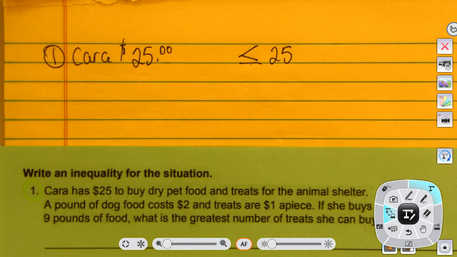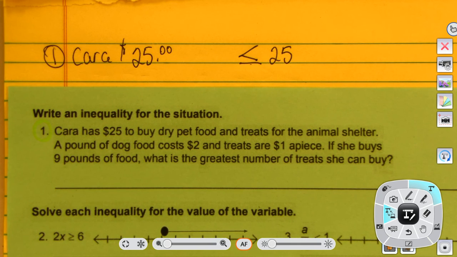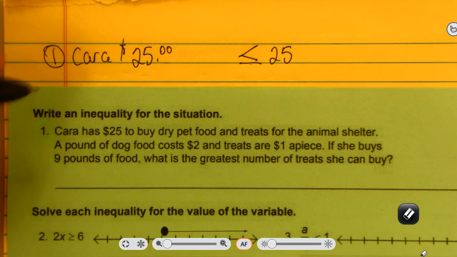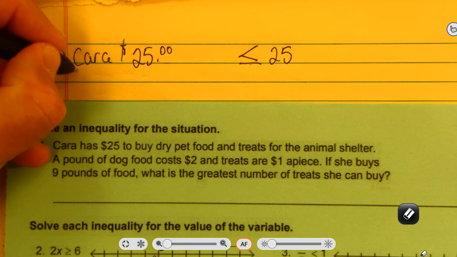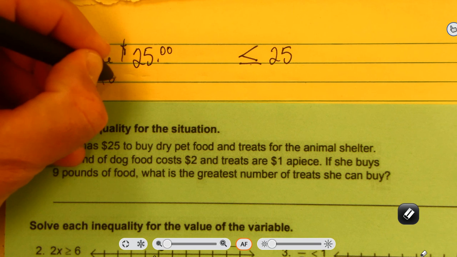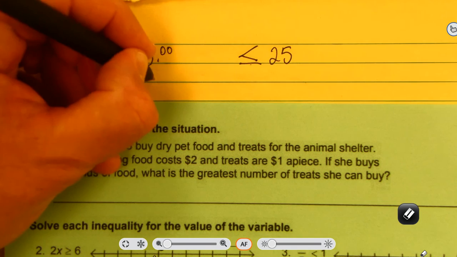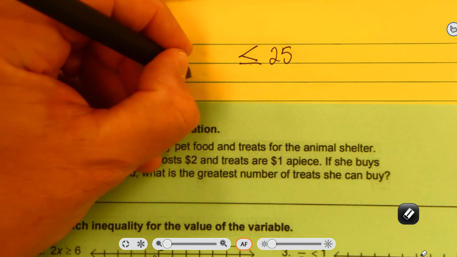Let's get some more information from this problem that we're looking at. All right, so a pound of dog food costs $2. So that's some information we would probably need. 1 pound of dog food is $2 per pound.